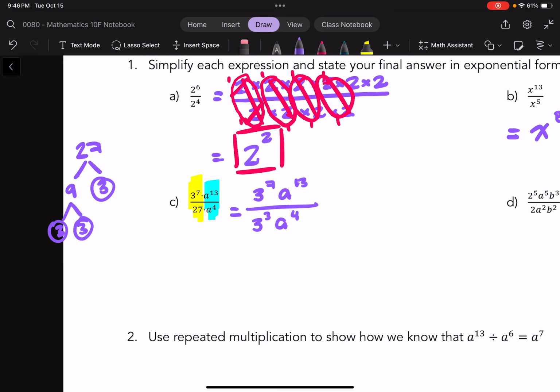We need to keep that same process, even if we're not actively doing anything to it. So everything else continues. Now that I'm in a place where I have powers with the matching base, I can go ahead with my exponent laws. So when I do this, I get 3 to the power of 4, and that is, of course, being multiplied by a to the power of 9.